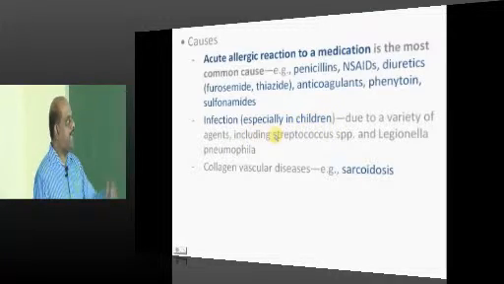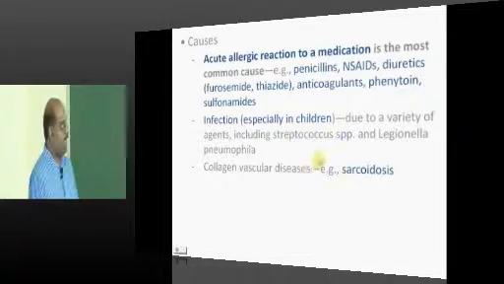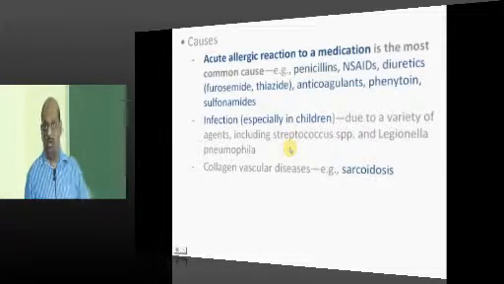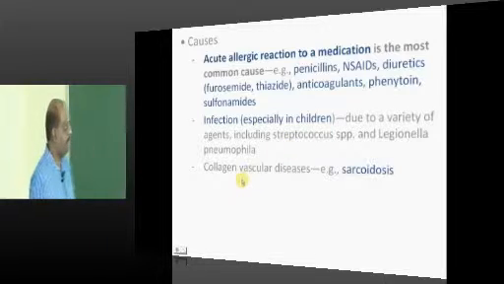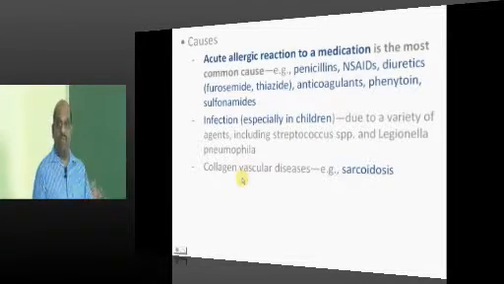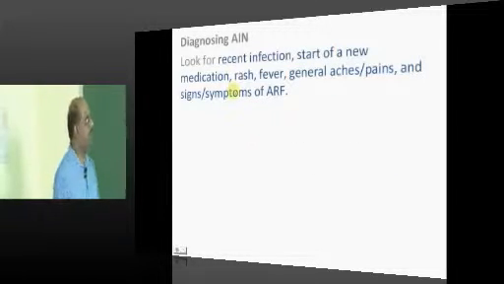Similarly, infection in the case of children, like Legionella pneumonia and Streptococcus leading to pneumonia, is known to lead to tubulointerstitial damage. Sarcoidosis and collagen vascular diseases can lead to it.